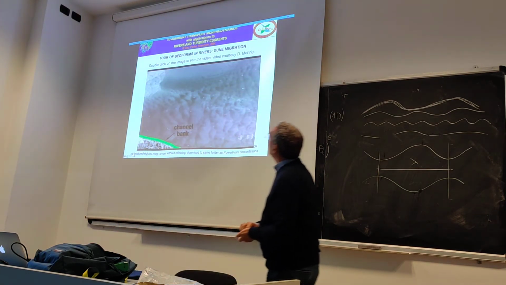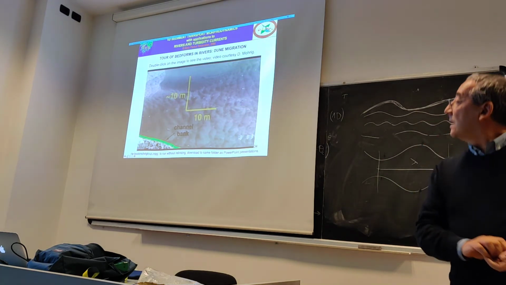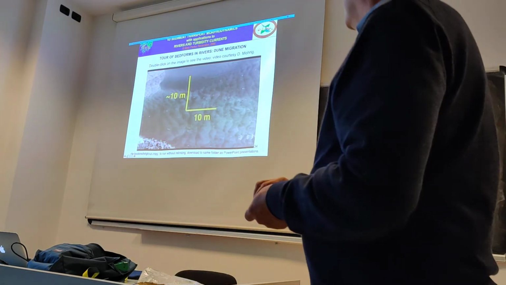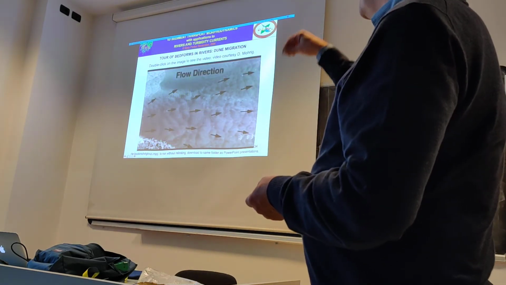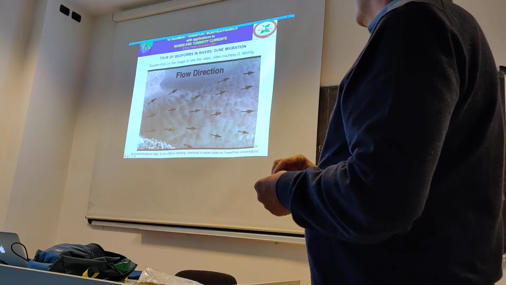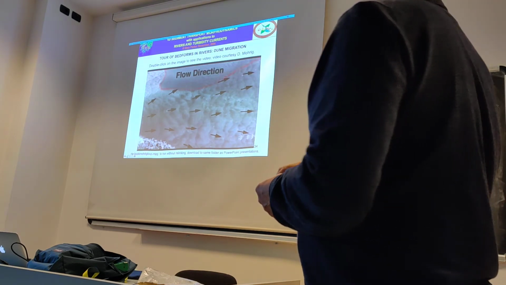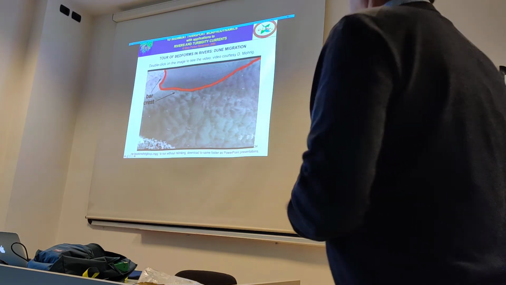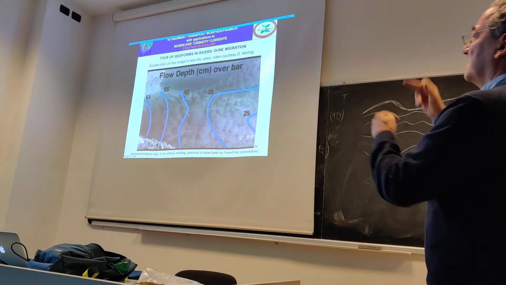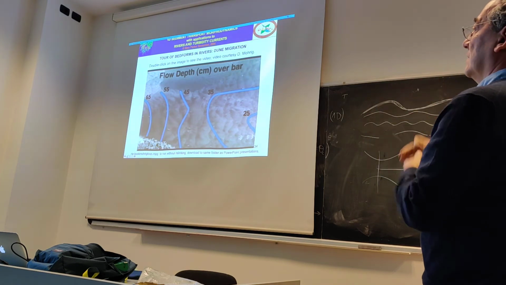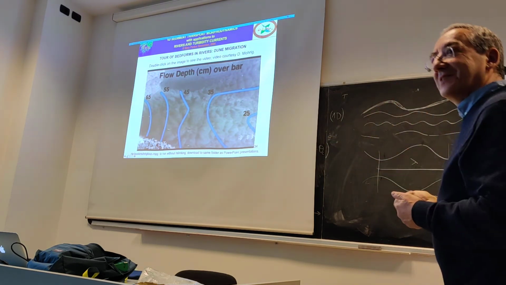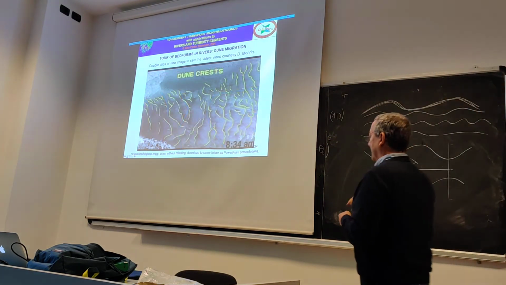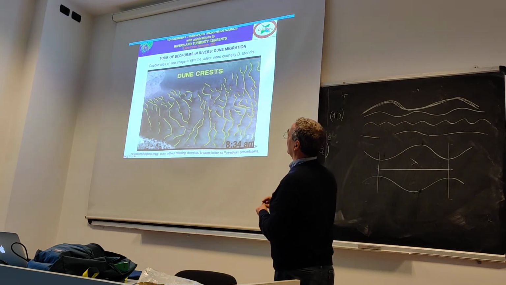This is a movie. This is the same river that has been shown before, in black and white. You have a superposition of two, actually, because this is the real thing. It's not a nice mathematical solution of it.